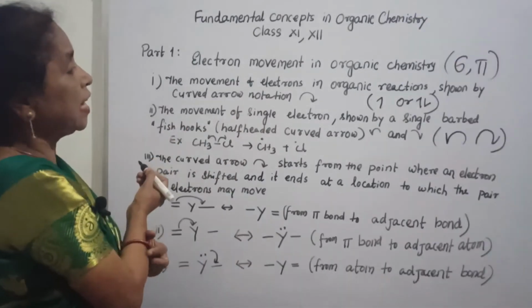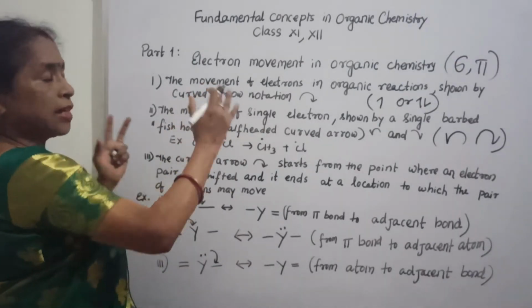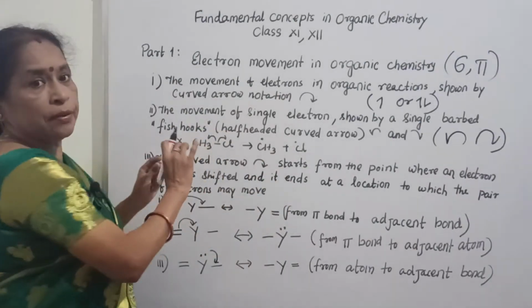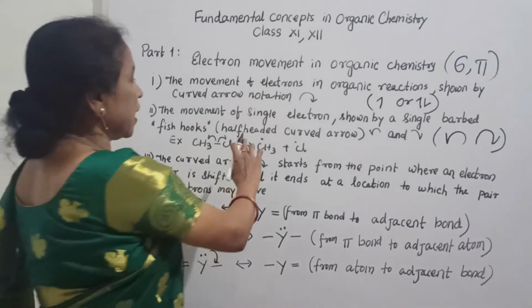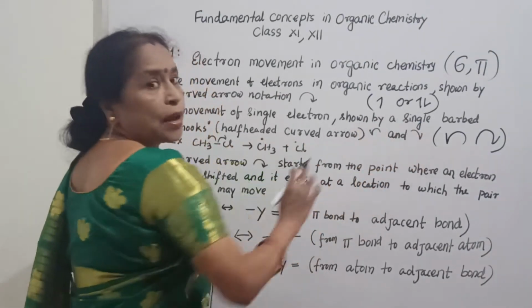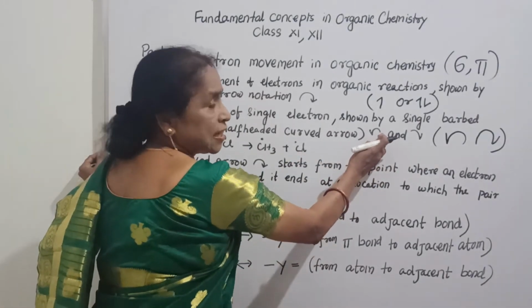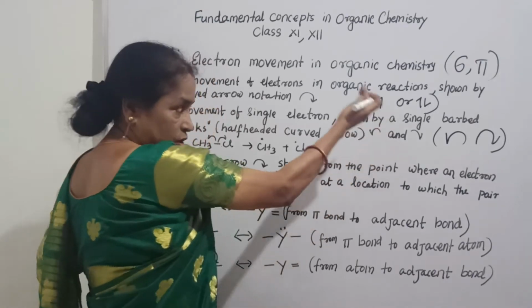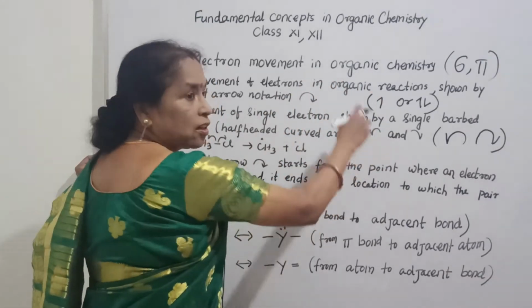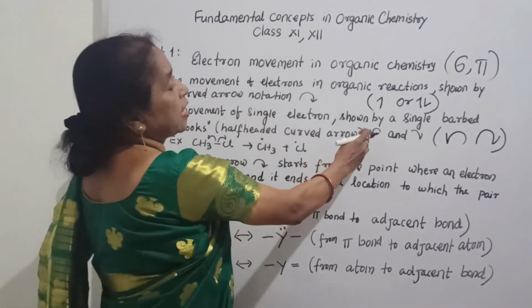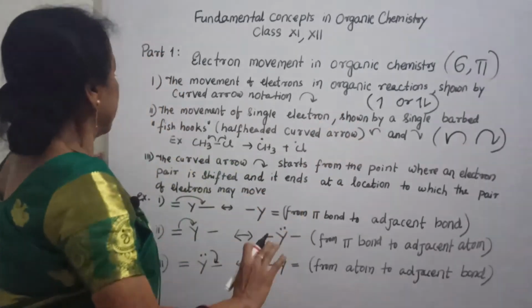The movement of a single electron is shown by fish hooks, or you can say a half-headed arrow. This indicates the electron moves from here, the part where the electron starts to move, and here the electron drops, the end point.